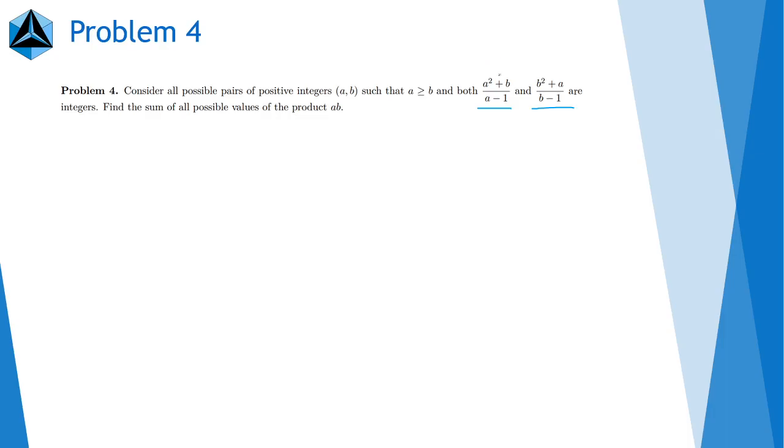So let's look at the first one here, (a squared plus b) over (a minus 1). First of all, we can simplify this a bit. Note that a times (a minus 1) is equal to a squared minus a, and our numerator has an a squared term.